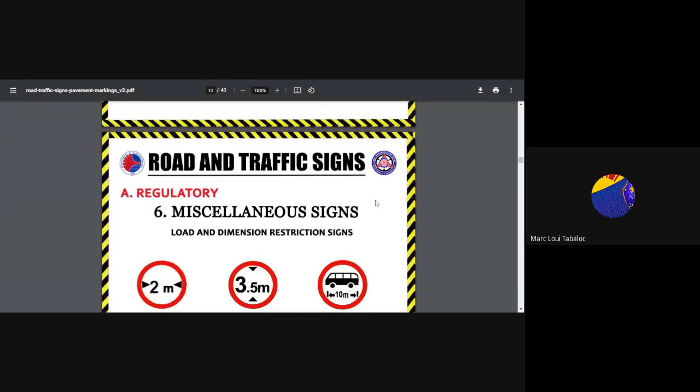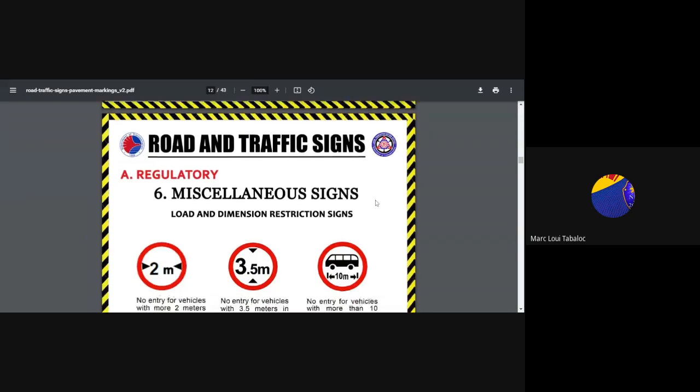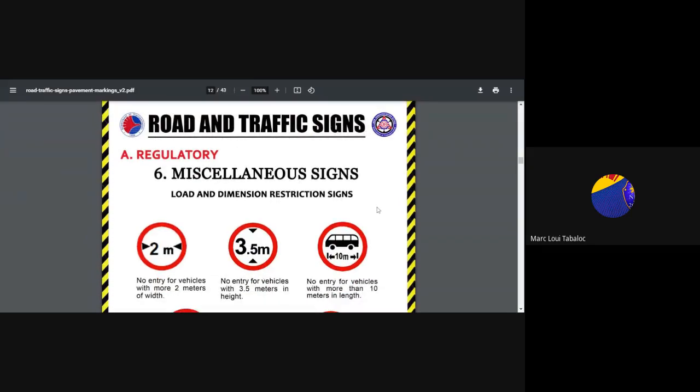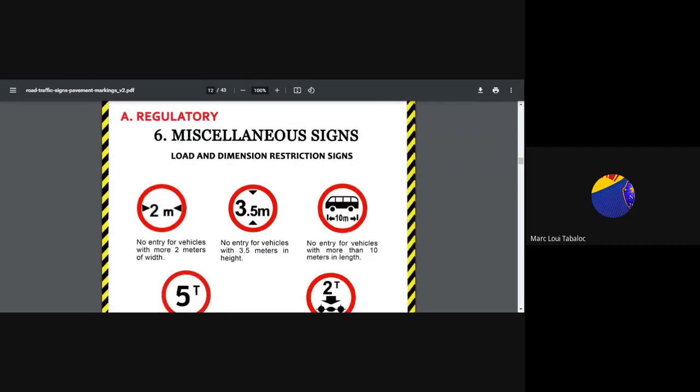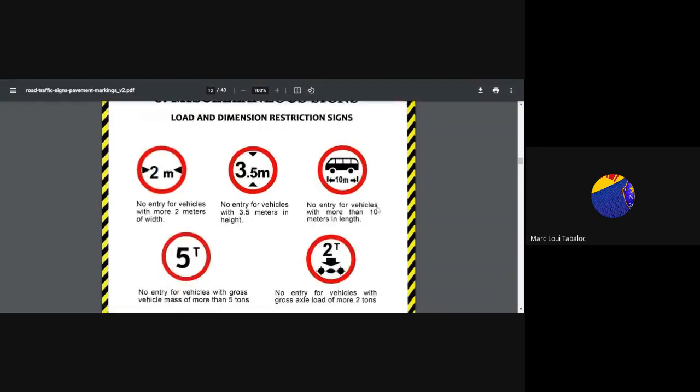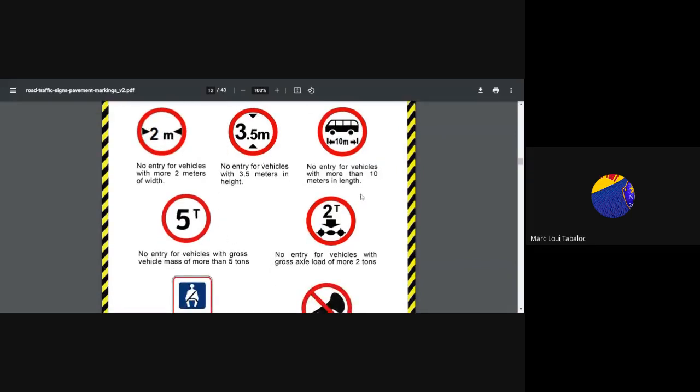Others, such as miscellaneous signs, still under regulatory signs, ayan, it denotes that road users would be informed na, oh, may sign, it means when approaching that roadway, merong certain limits. Siguro sa measurement ng vehicle or sa weight ng vehicle. Yan. So for example, itong 5T, 5 tons.